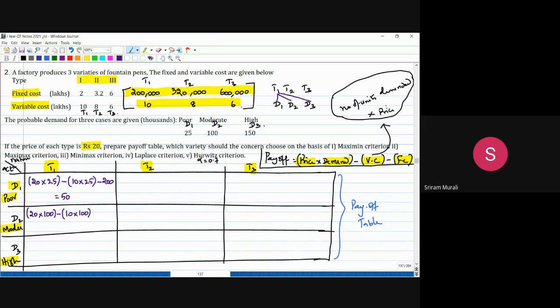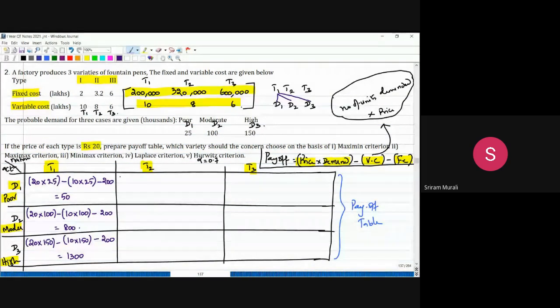Number of units demanded is 100 into price 10, minus 200. This is equal to 800. Is that clear? Yes, sir. Then 20 into 150, minus 10 into 150, minus the same 200. You get 1300.